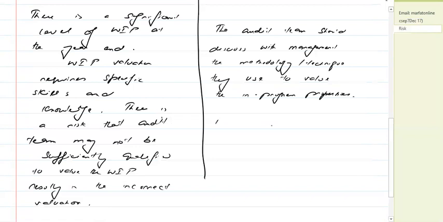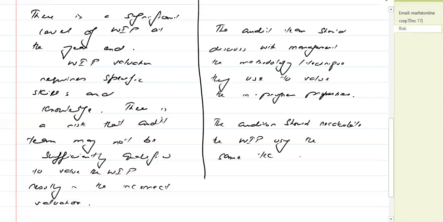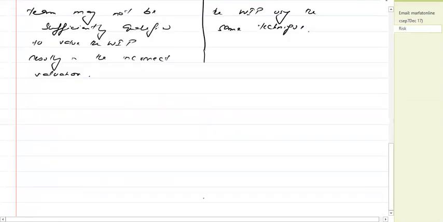The auditor should recalculate the work in progress using the same technique. Now, this is the second risk you have written. Okay. Now we'll be writing the third one.